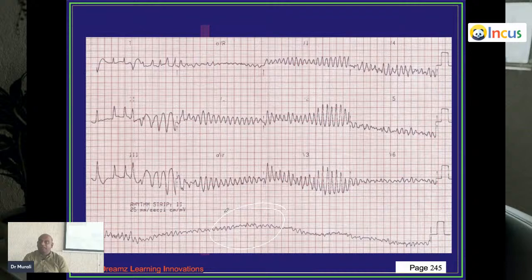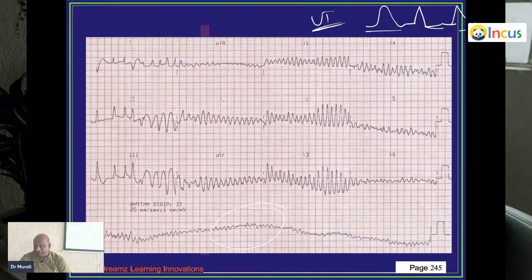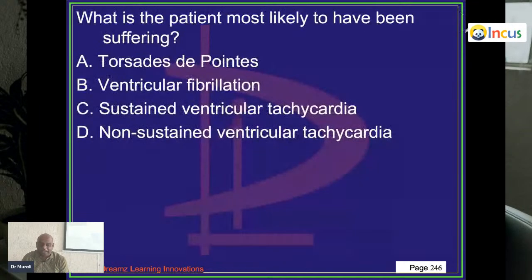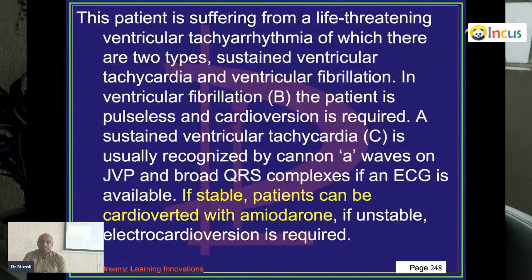Ventricular tachycardia can be simple monomorphic, like wide QRS complexes. The second type is polymorphic VT. Such a polymorphic VT anytime can become ventricular fibrillation. That's what happened here. Right?